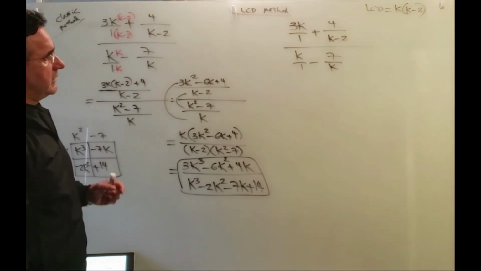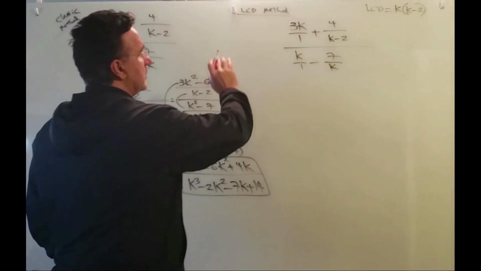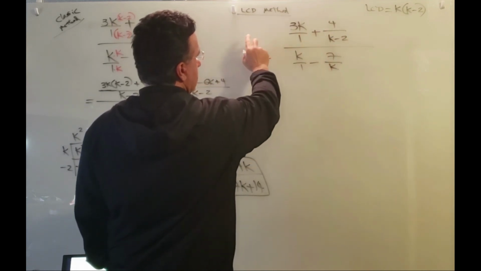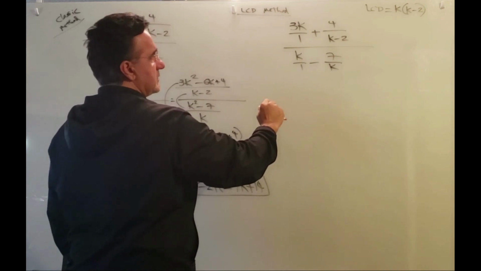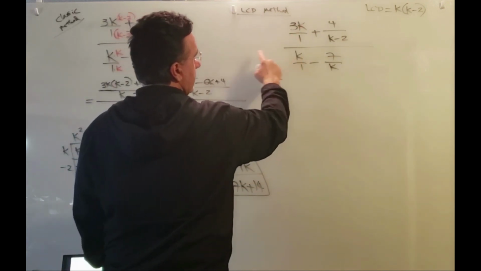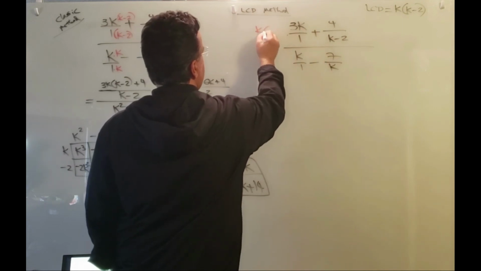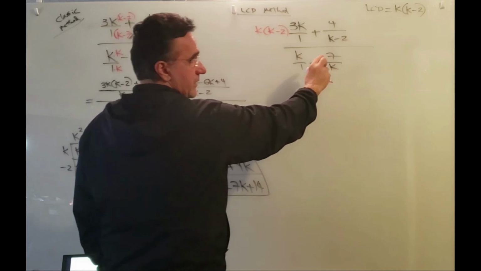So we're going to go ahead and take that k times k minus 2, and we're going to multiply it on the top and distribute. So that means basically you're going to see a k times k minus 2 next to each of these two terms, and we're going to write it down here and distribute. So we're going to end up with a k times k minus 2 next to each of these 1, 2, 3, 4 terms, okay?